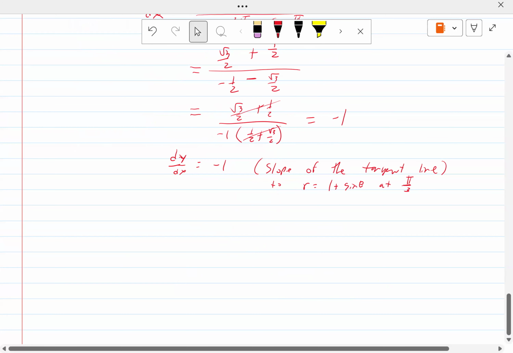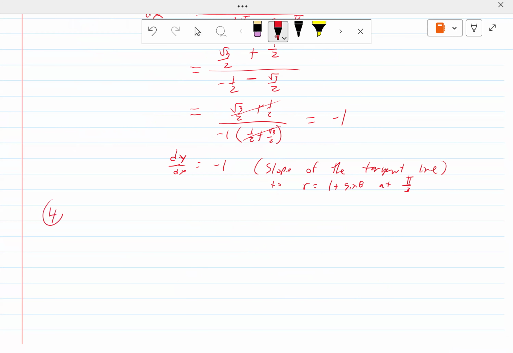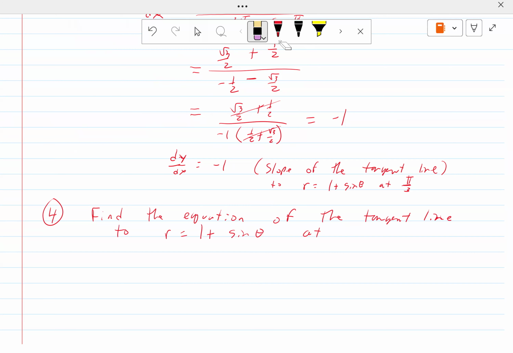For number 4, what we're going to do is find the equation of the tangent line using the slope. Find the equation of the tangent line to r equals 1 plus sine theta at theta equals pi over 3.